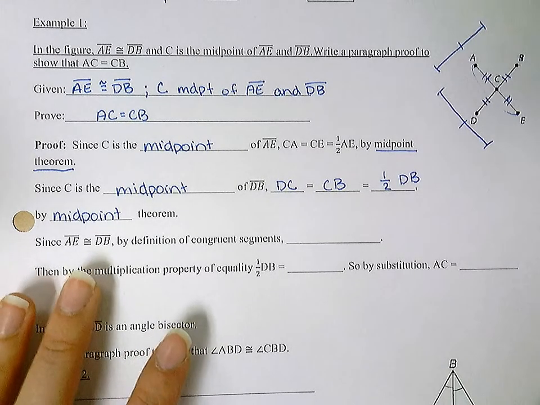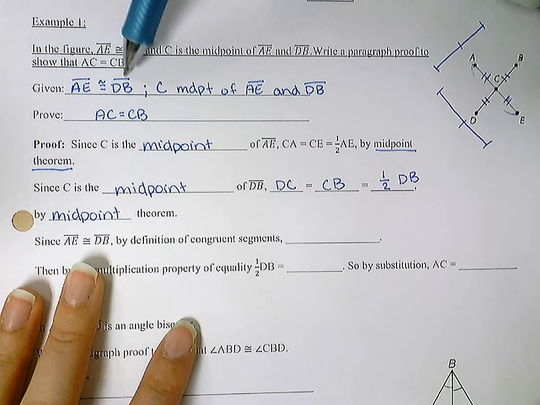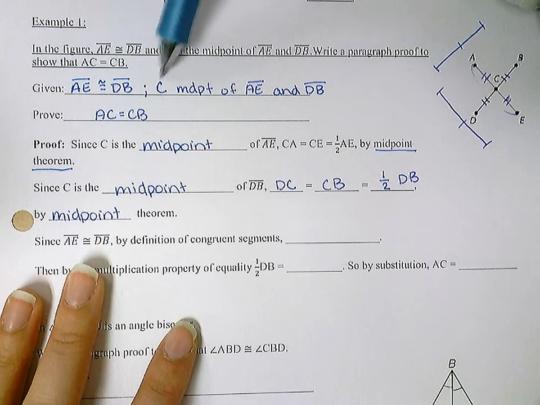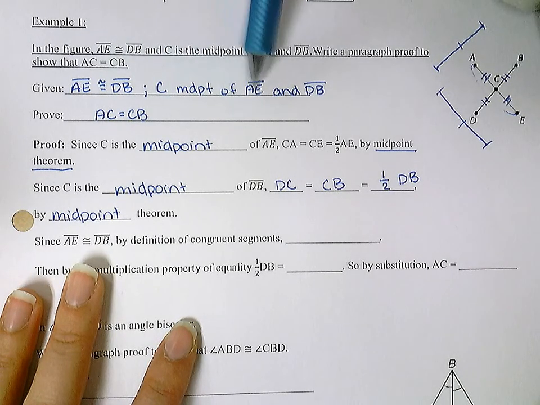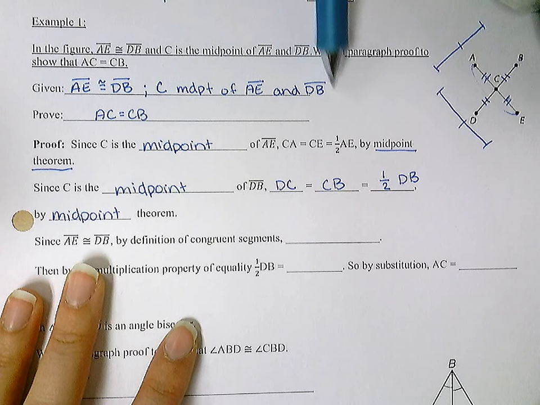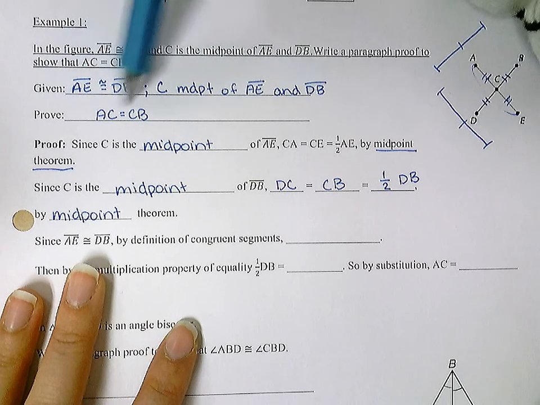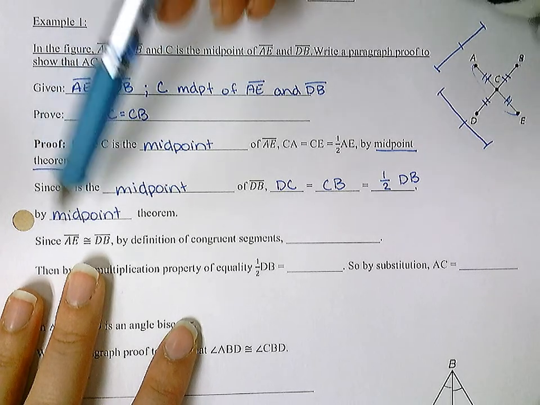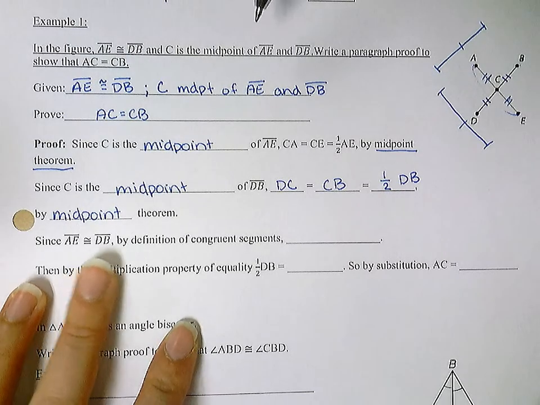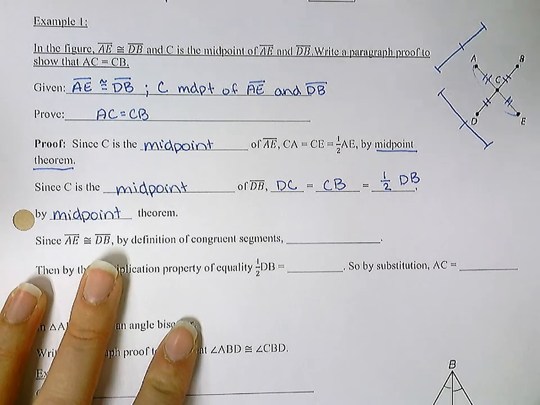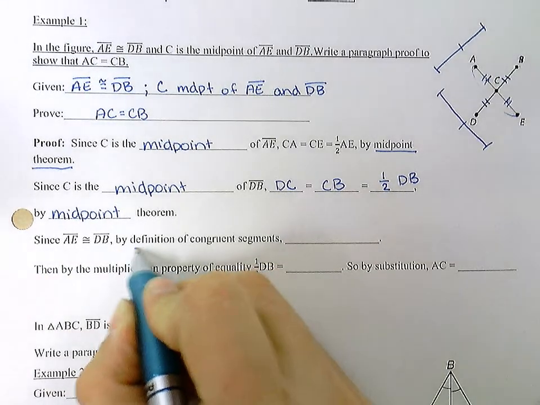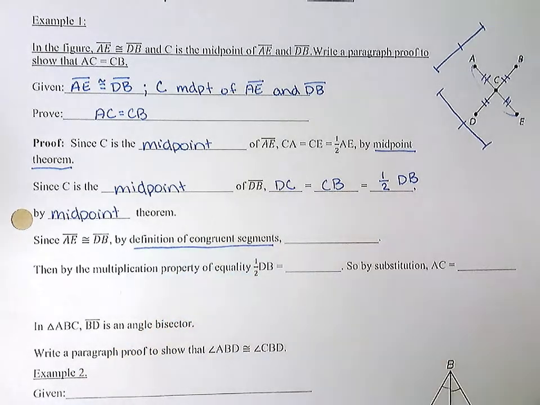Now I still have to use that third piece that I was given. I've used C as the midpoint of AE and C as the midpoint of DB, but I haven't used this part yet. So since segment AE is congruent to segment DB, I'm next using the definition of congruent segments.